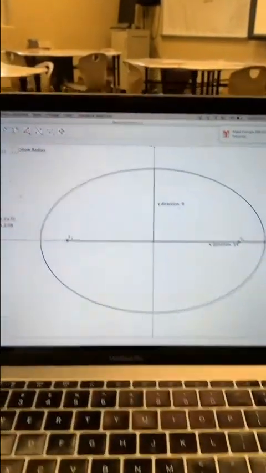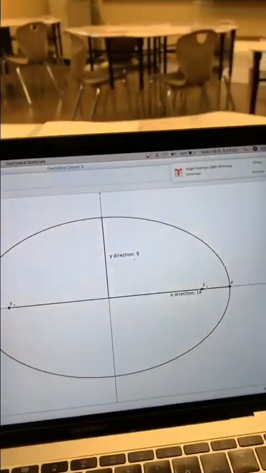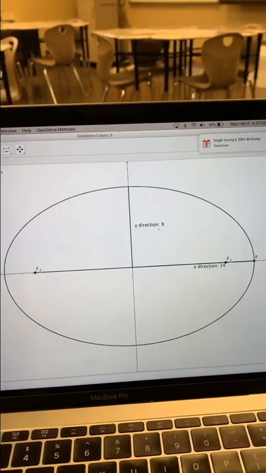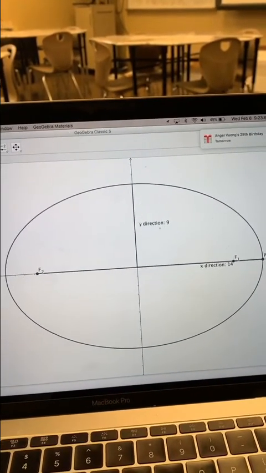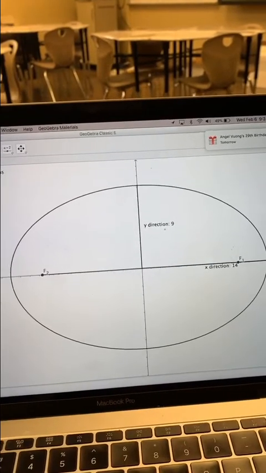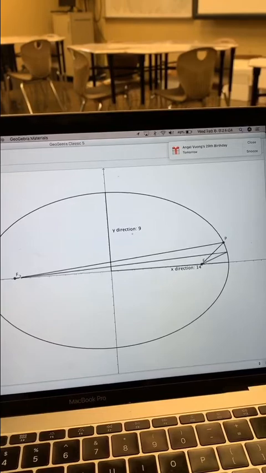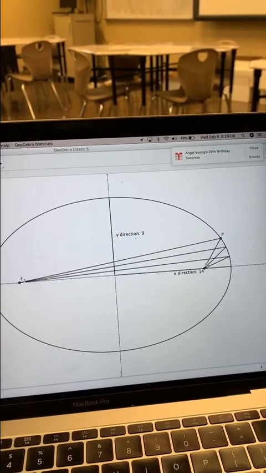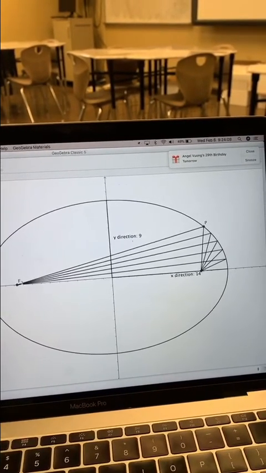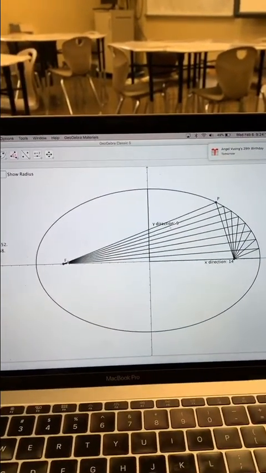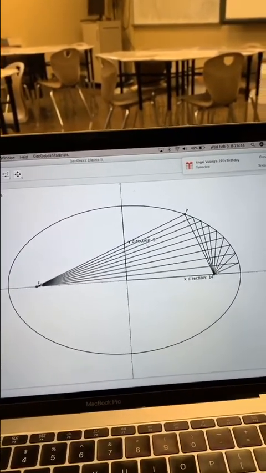So I'm going to use my computer to kind of show what the light or the sound waves can actually do and why these focus points are what they are, right? So as I move this point around, it's just going to freeze it, all right? So notice how I'm freezing. And no matter what, pay attention to where these lines are all focusing in on.